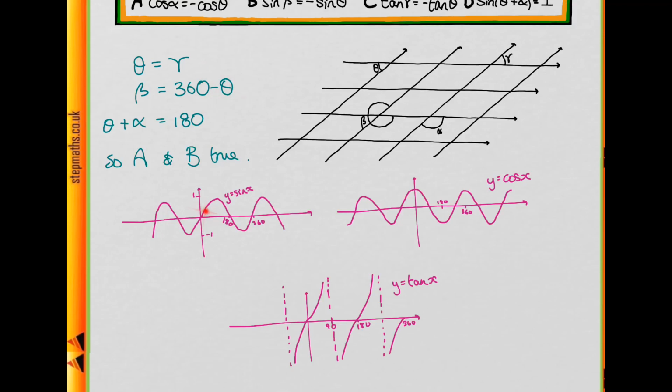So if we have theta here, then beta is going to be 360 minus theta, which is going to give us something down here. And so sine beta is going to be minus sine theta. And we can use these graphs. It's good to remember these graphs because we can use them to verify what we're saying rather than just having to memorise loads of different rules about what happens when we add 360 and 180. It's a lot easier to use the graphs here.